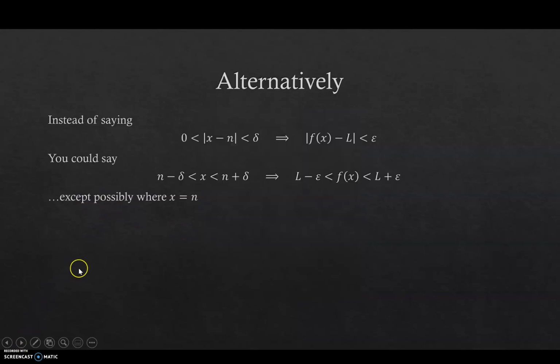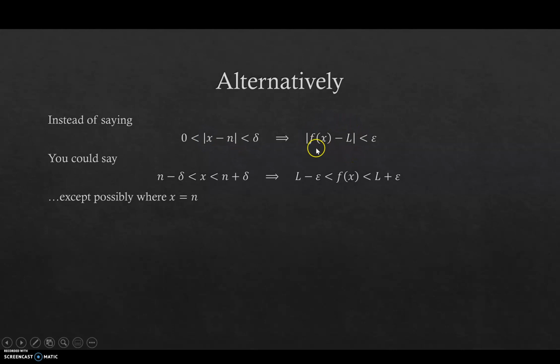Now, I'm going to mention that there's an alternative way to write the definition. So instead of saying x minus n is greater than 0 but less than delta, we could actually write our x values as being between n minus delta and n plus delta. This is not as common. This first way it's written is the more common mathematical way.